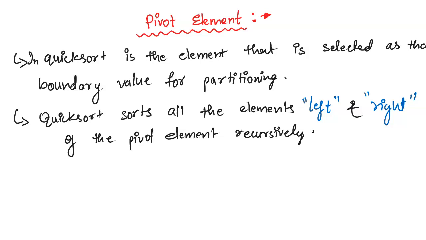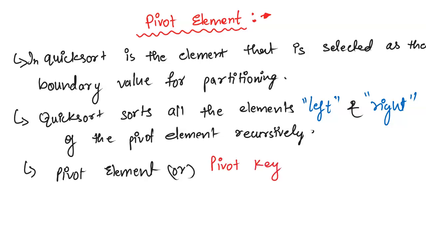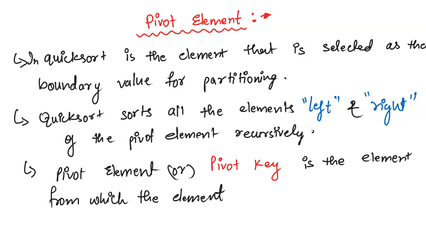And the pivot element, or pivot key, or let me highlight this, pivot key is basically the element from which the elements of the quick sort are divided into two parts.